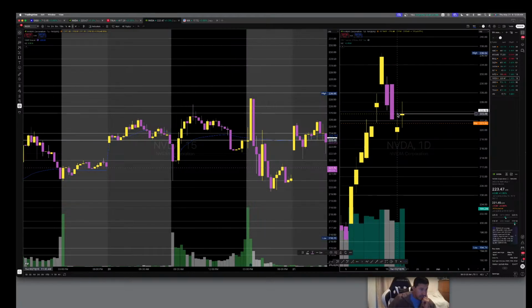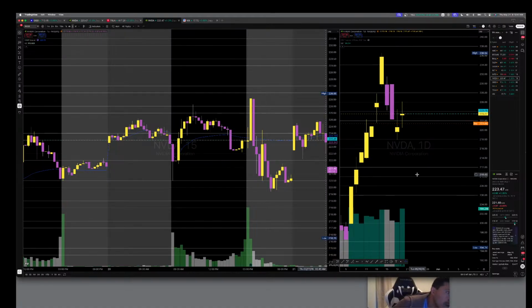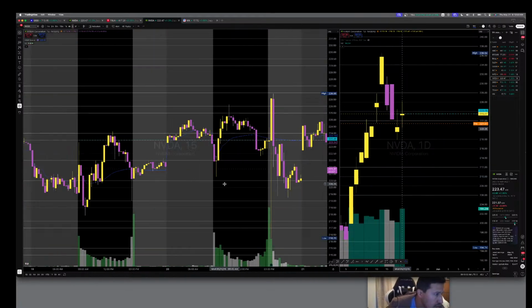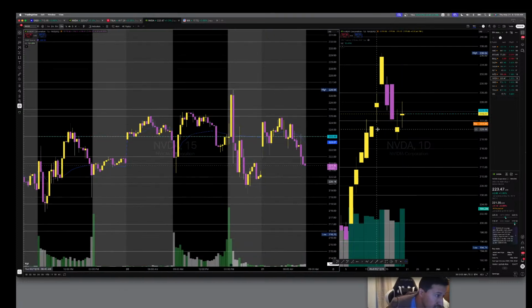Oh, you got messy candles. It's a prior small body, top and bottom wick candle, which indicates indecision. This could be a pivot low.